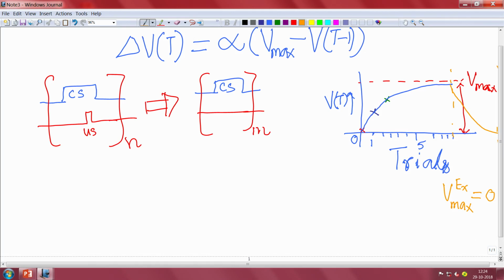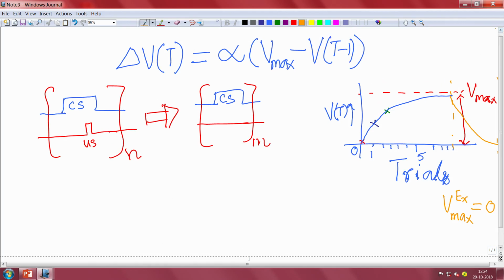So, if you substitute that in this expression, you can see the delta V that you are going to get, since it is going to be 0, will be negative. So, you will have negative delta Vs during extinction, while in the case where you are contingently pairing the CS with the US all throughout, you will have a positive delta V.